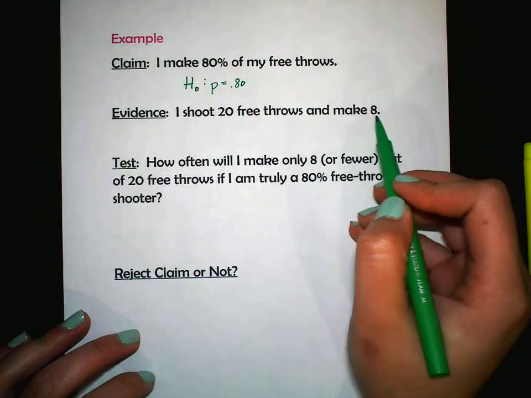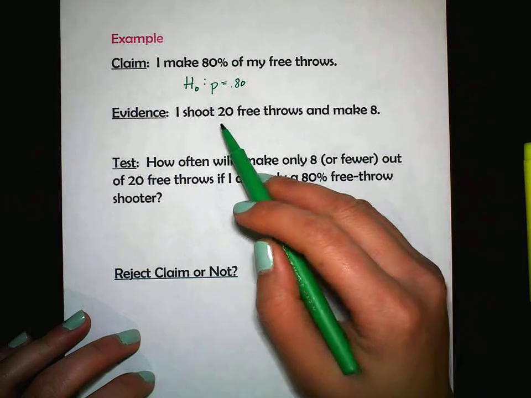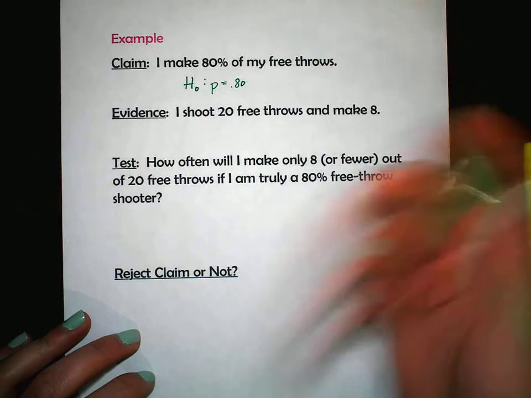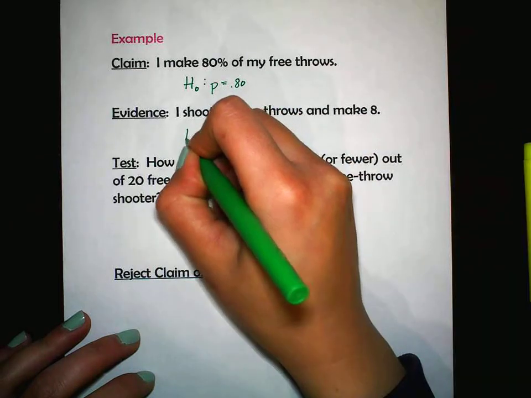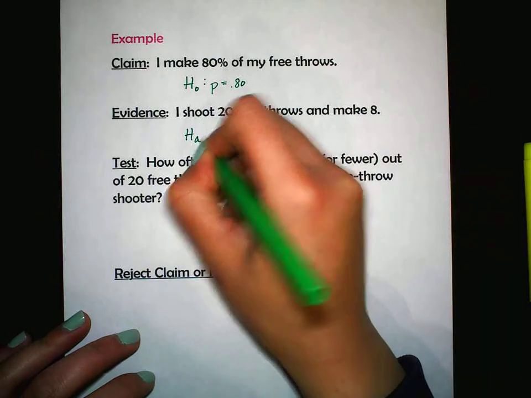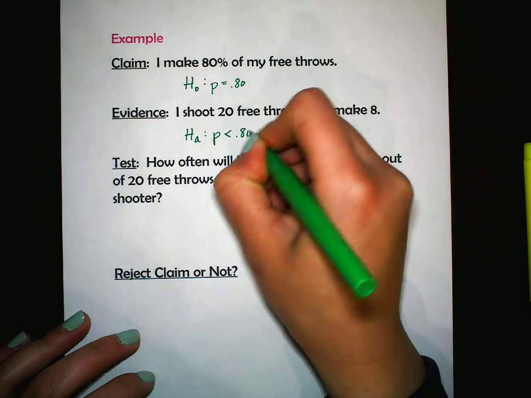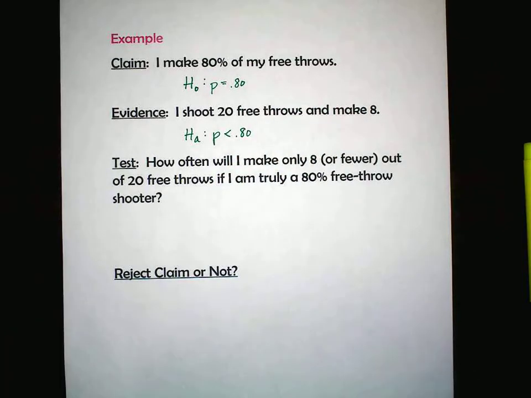Knowing that I only made 8 out of 20 gives me evidence that maybe I don't shoot 80%. So my alternative hypothesis is that I shoot less than 80. What we want to figure out is how often will I make only 8 out of 20 free throws if I really am an 80% free throw shooter? How likely is it that it happened by chance?